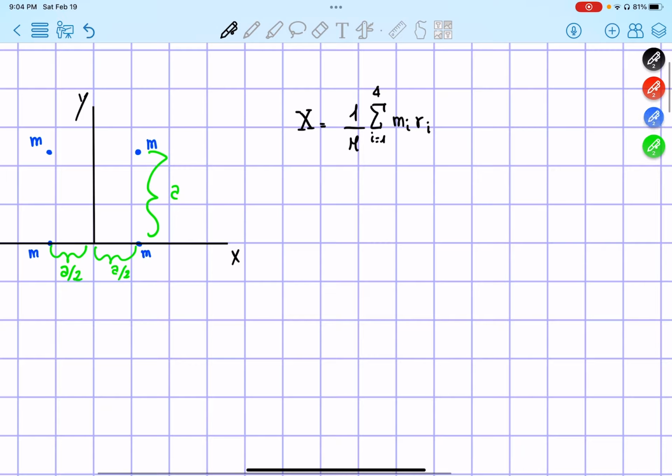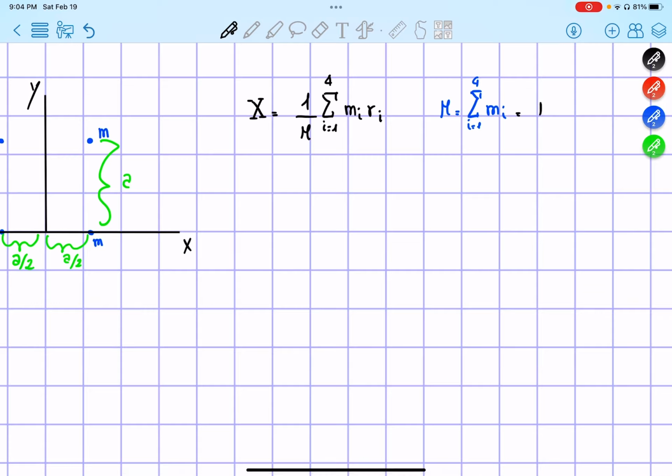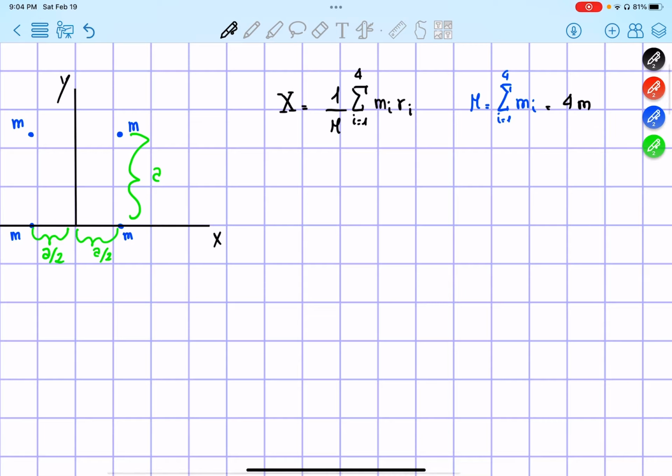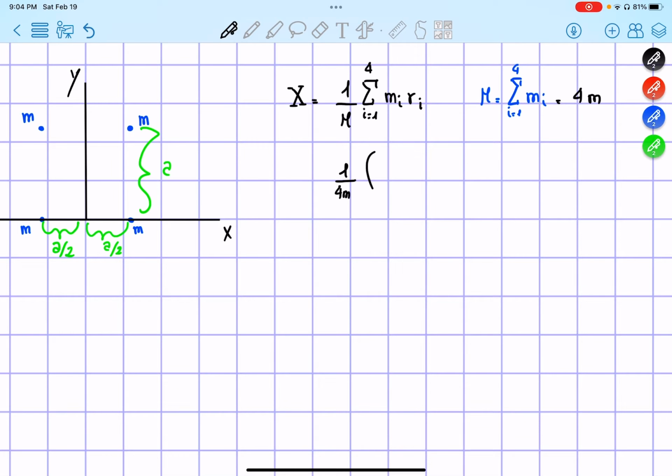So our M is equal to the sum of all the masses, i equals 1 to 4, which is simply 4m, because every single mass is equal to m. And so we can substitute 1 over 4m, and then the sum of all this. In this case, instead of r, we're talking about the x value.